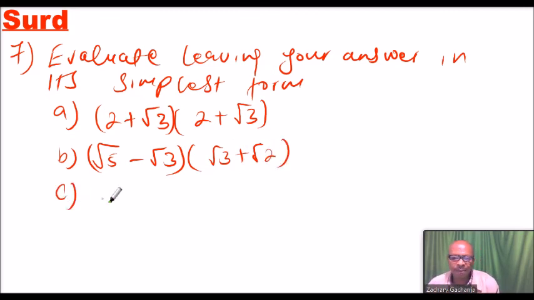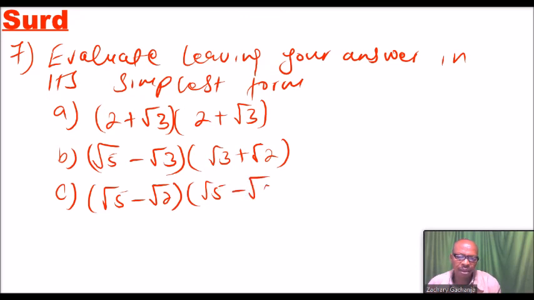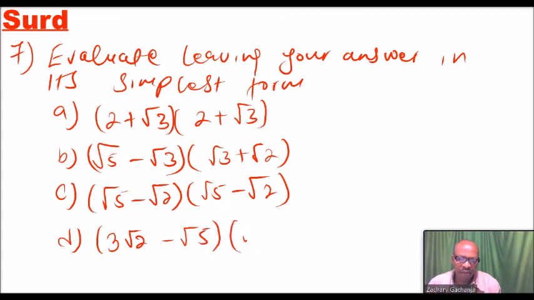We have c, root 5 minus root 3 minus root 2, and then root 5 minus root 2, and d, we have 3 root 2 minus root 5, and we have root 10 plus root 2.